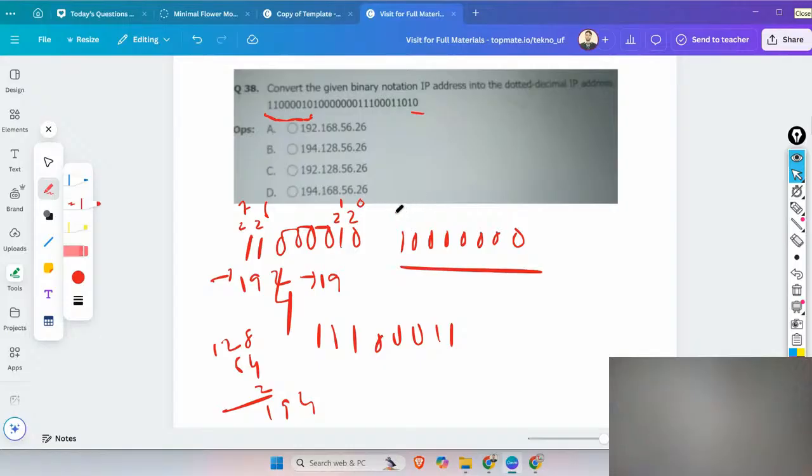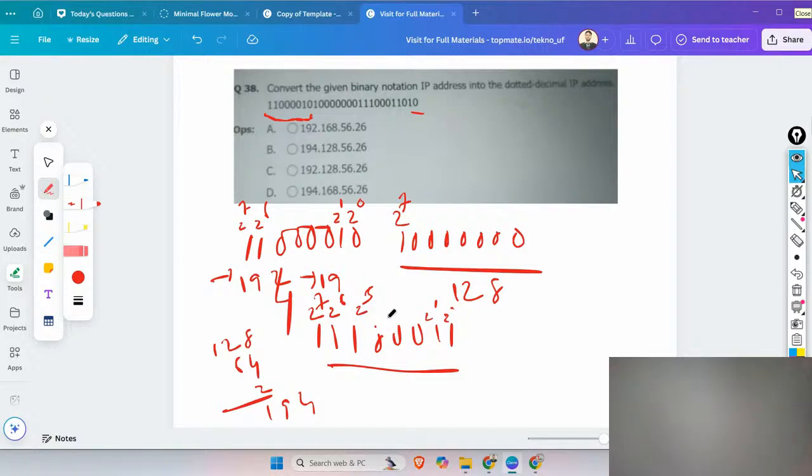And for the next, 2 to the power 7 will become 128, and then 2 to the power 0, 2 to the power 1, 2, 3, 4, 5, 2 to the power 6, 2 to the power 7. Now it will become 128 plus 64, 192 plus 16.